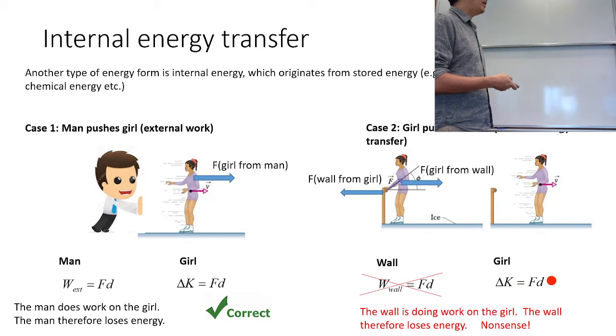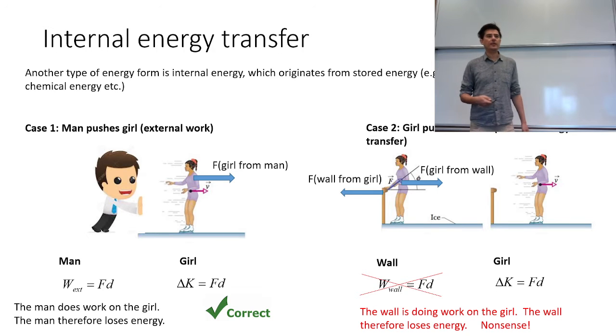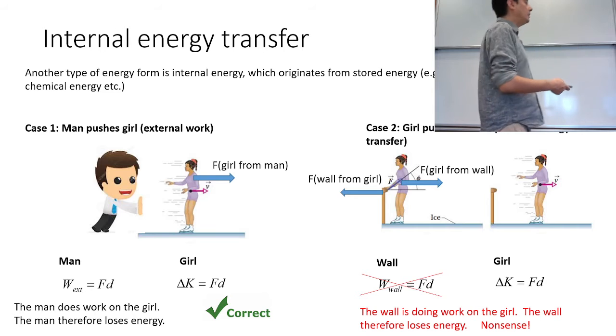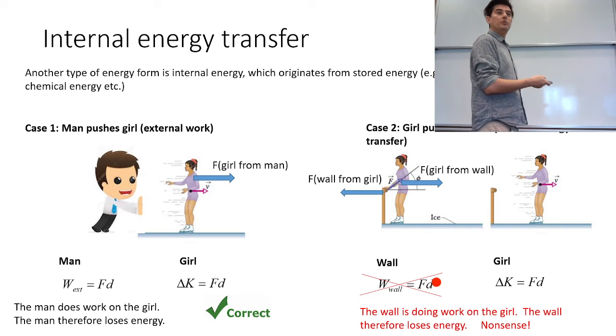This one is fine. But the other seems like it doesn't make sense, because it would suggest that the wall is losing an amount of energy equal to force times distance. If you think about it, does the wall lose energy in this process? Or do you think the wall should lose energy?